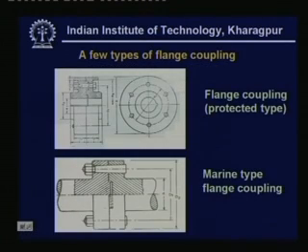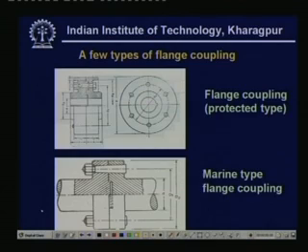Now, let us come to a few types of flange coupling. Flange couplings are again rigid couplings, and the coupling is done by means of two flanges. What you see here is the cross section of such a flange coupling.